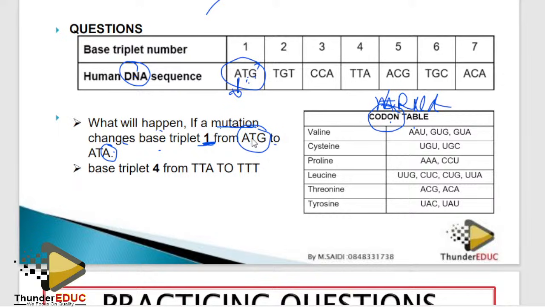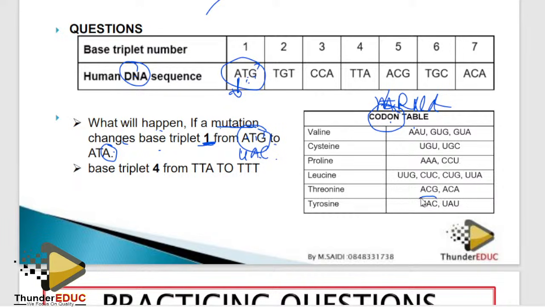So change this into messenger RNA. When you change into messenger RNA, A goes with U, T goes with A, G goes with C. So I'm going to get CUA. I come here, look for AUC, where is it?